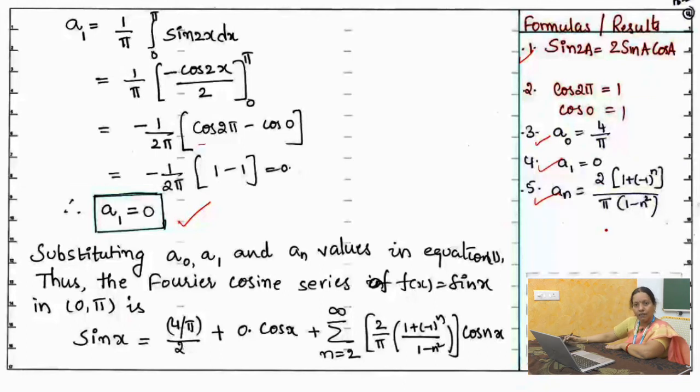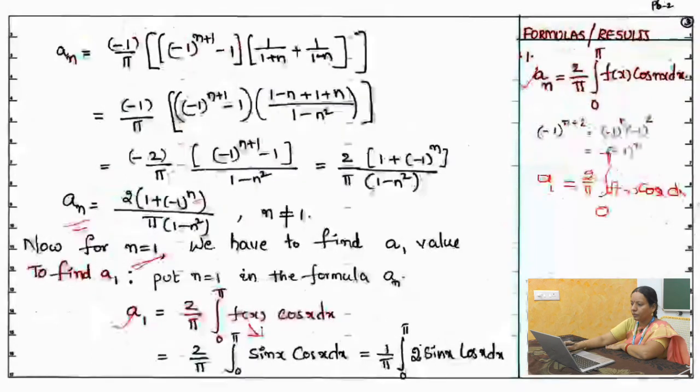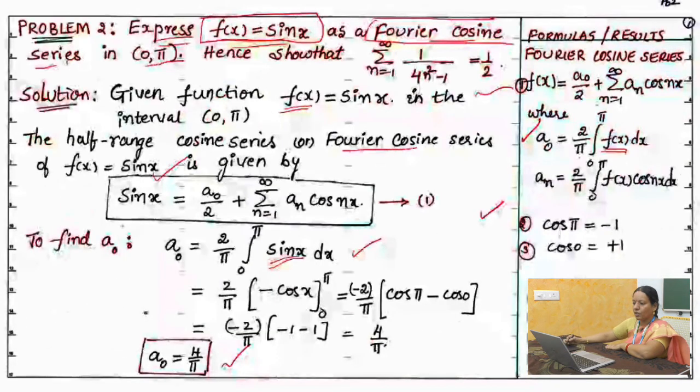Substitute these three values in equation 1. Okay, what is your equation 1? Your equation 1 is sin x equals a0 by 2 plus a1 cos x, plus sigma n equals 2 to infinity an cos nx.